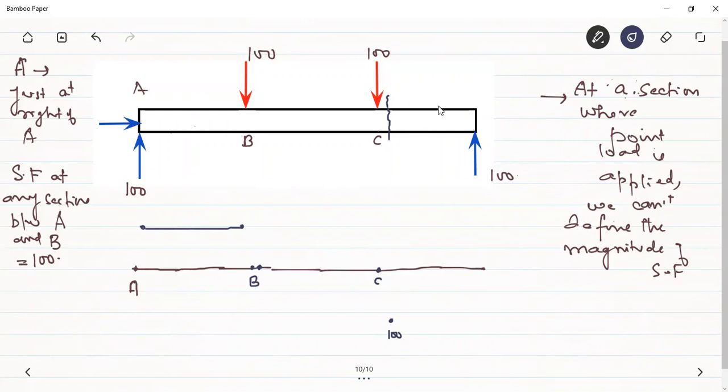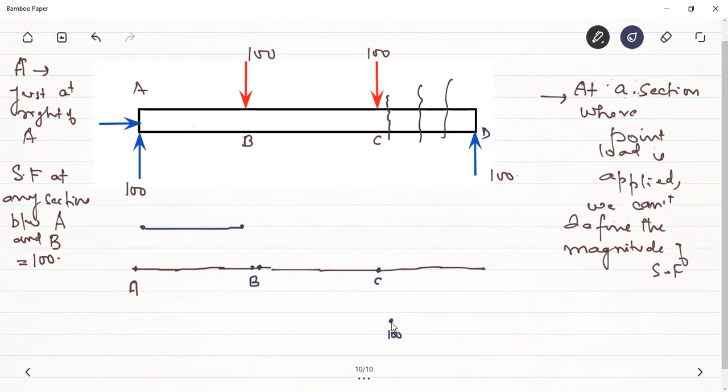What will be the shear force between all these points, between C and D? Now it will remain constant, isn't it? It will remain constant because there isn't any load acting between C and D. If I take this section, the shear force still will be minus 100.